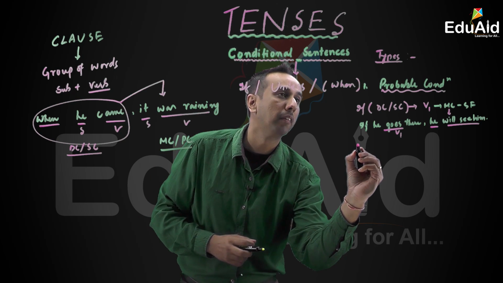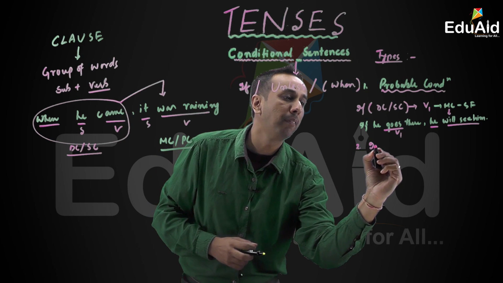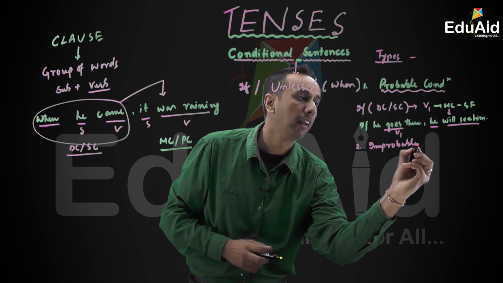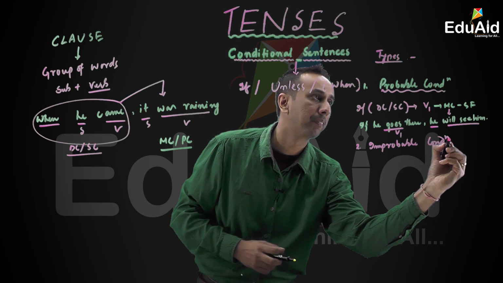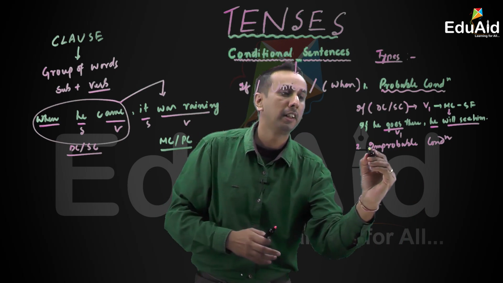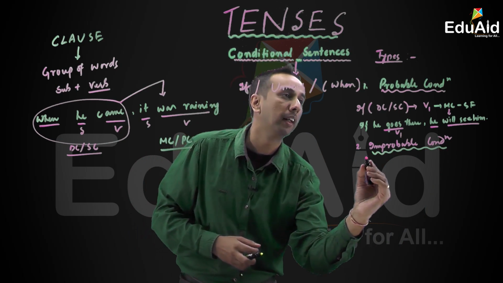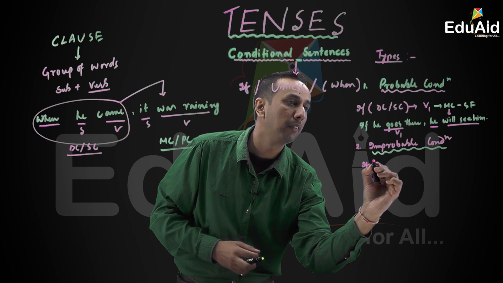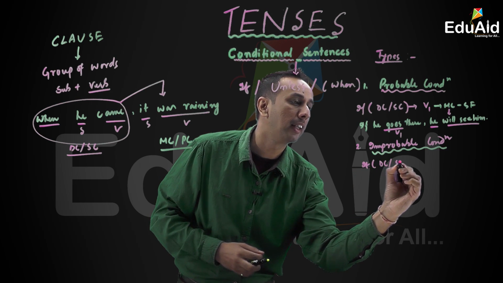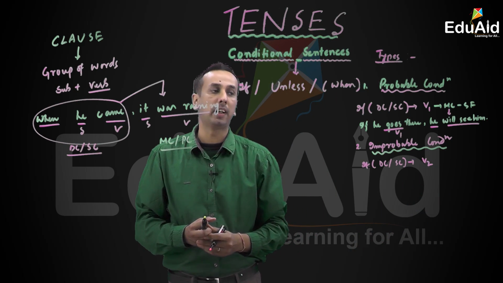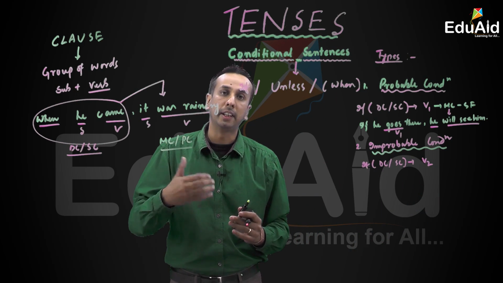Come down to condition number 2, improbable condition. When we say improbable conditions, the if clause, or DC or SC2, will be given in the simple past tense, which we call V2 in our tense discussions.